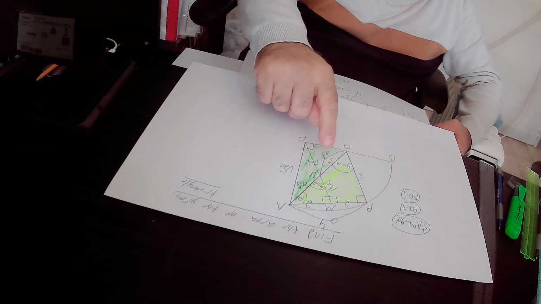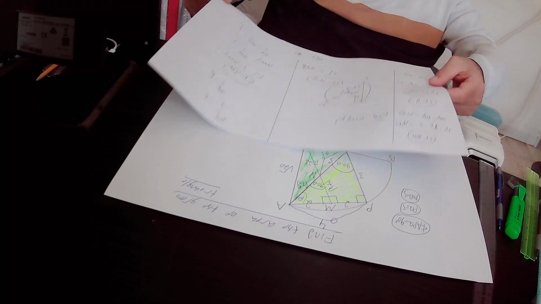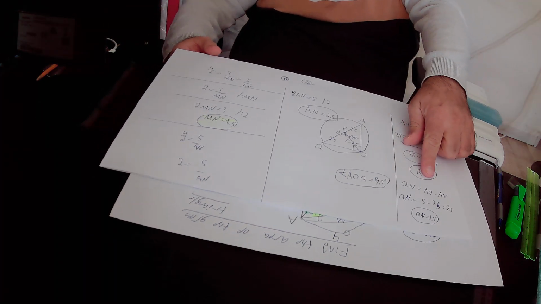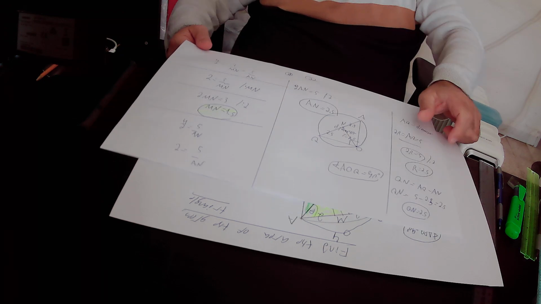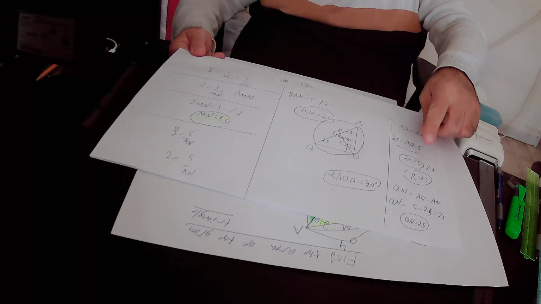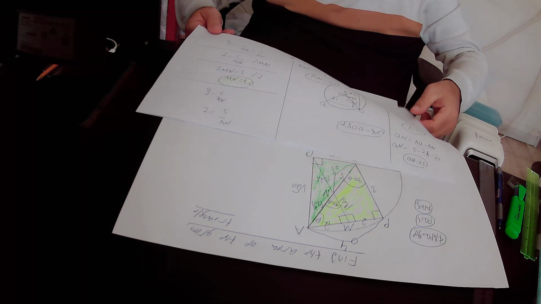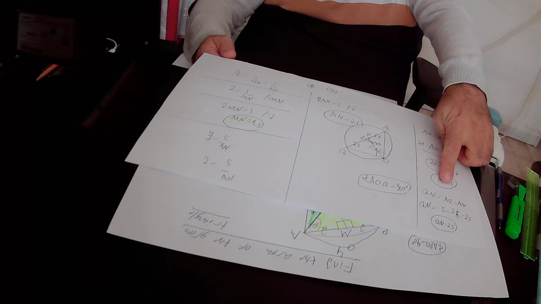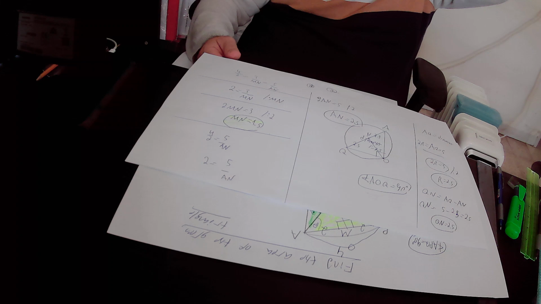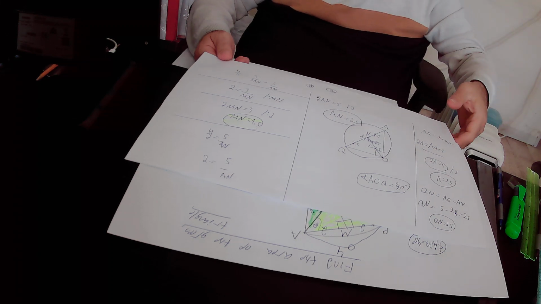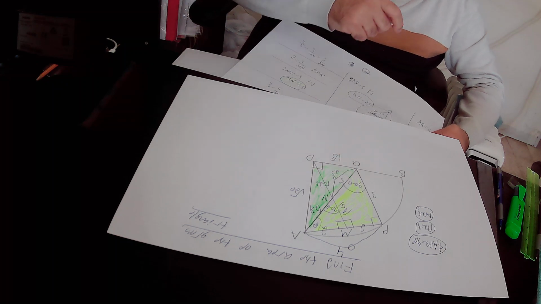Again, QN equals QA minus AN. QA is 5, according to what is given in the question, and NA equals 2.5. Therefore, QA minus NA is 5 minus 2.5, that is 2.5. So QN equals 2.5 units.